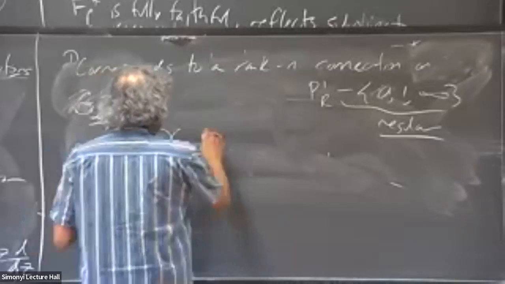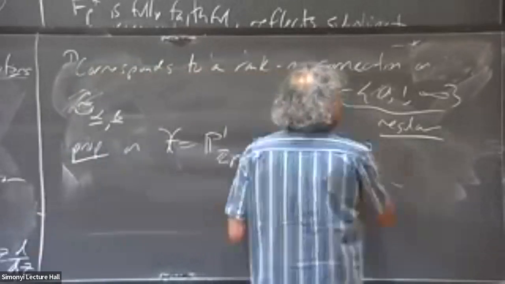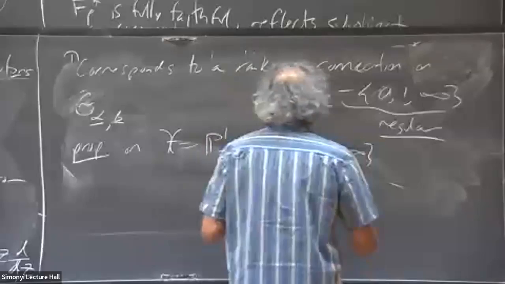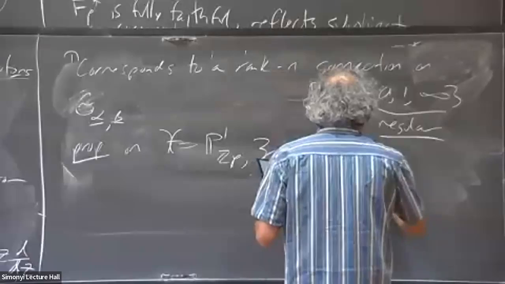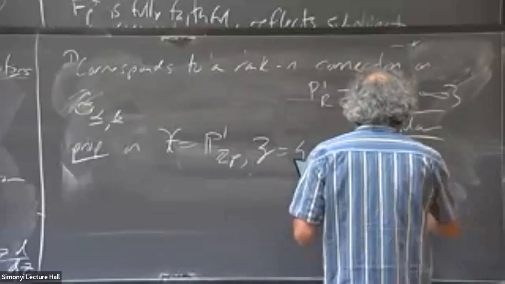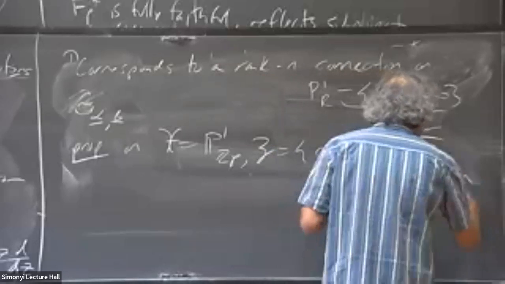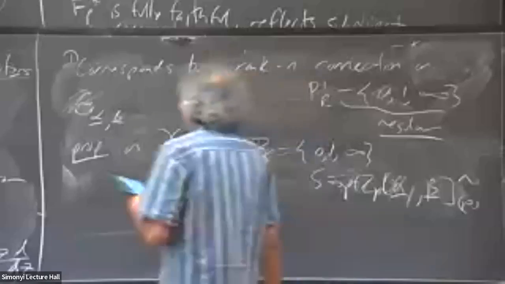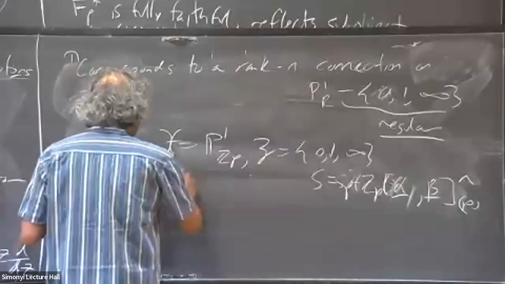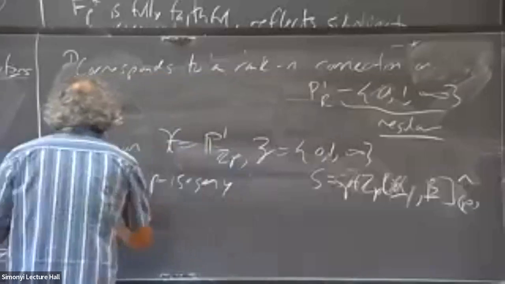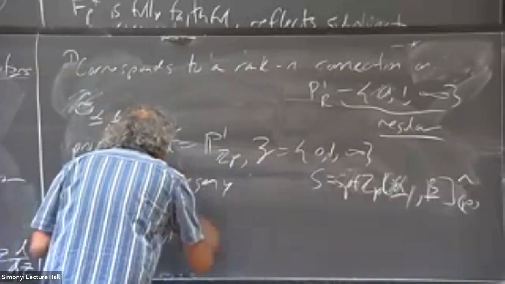If I take x to be P1 over ZP, with z equals 0, 1, and infinity, and I take the base to be the formal affine space, the alphas and betas, then I claim there's a p-isogeny between, I can tell you what the Frobenius pullback of this connection is up to isogeny.